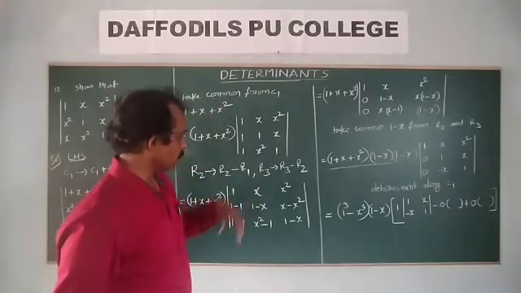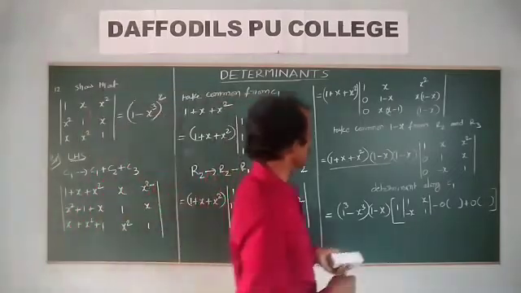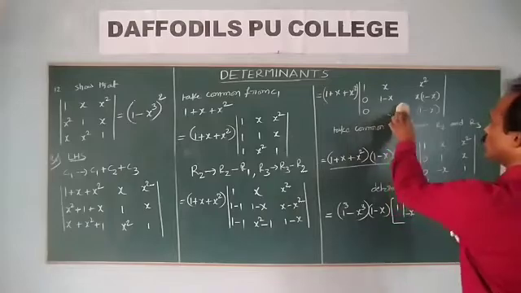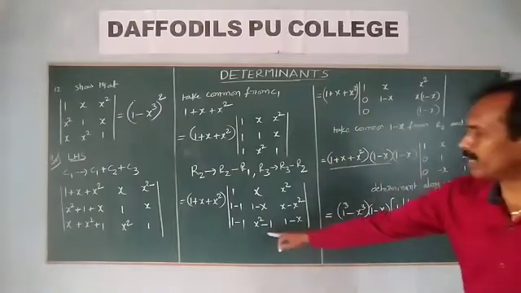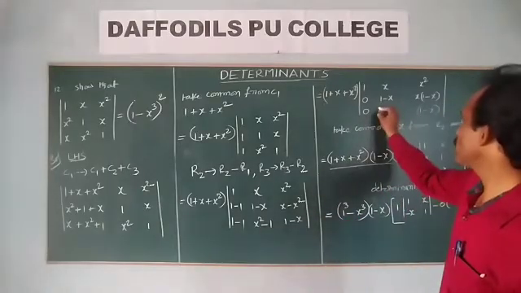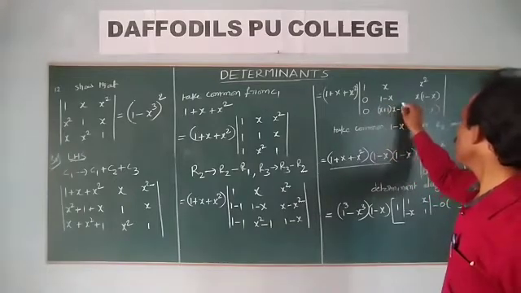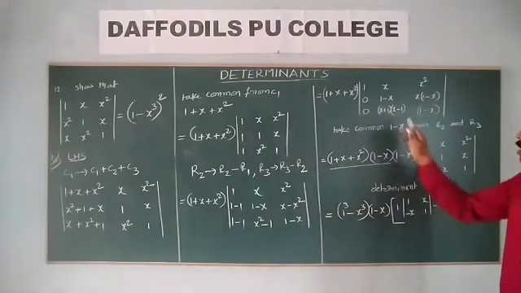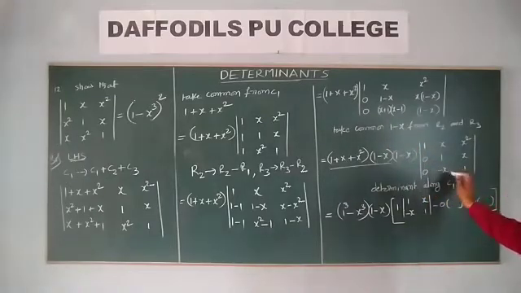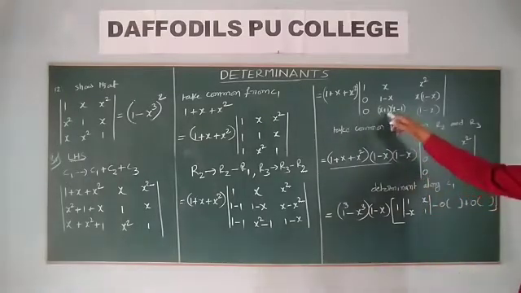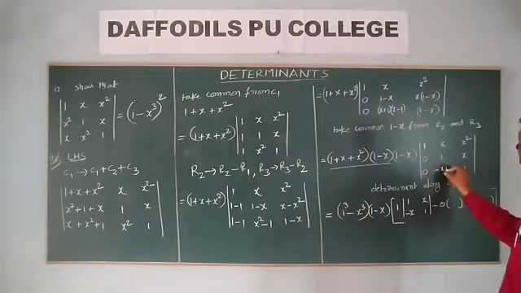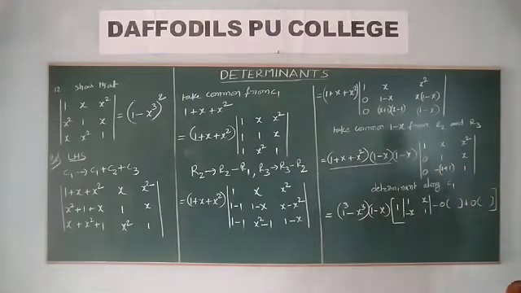Right? This is 1 minus x, okay. X square minus 1 is a square minus b square formula. So that implies x plus 1 of x minus 1. After taking common, the remaining term is minus of x plus 1.